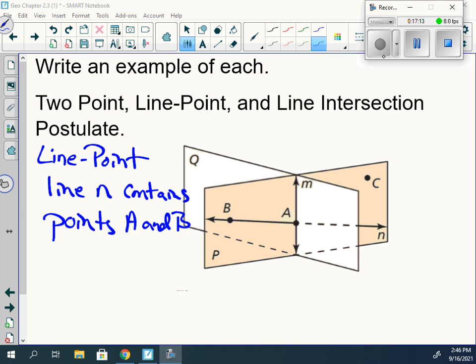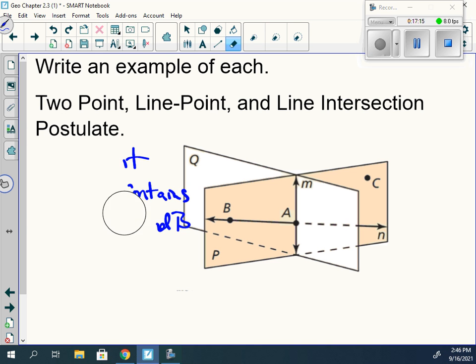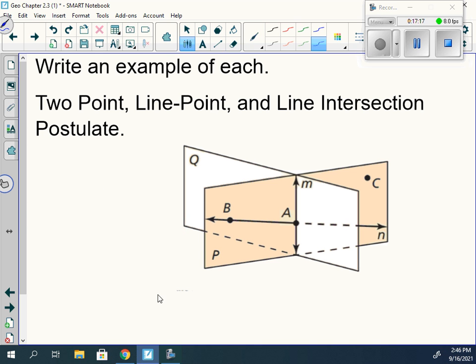And the last one, the line intersection postulate. The line intersection postulate states if two lines intersect, their intersection is a point.